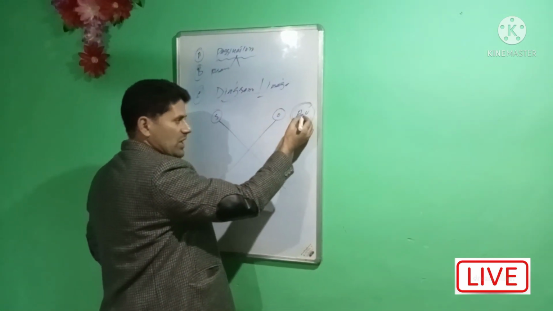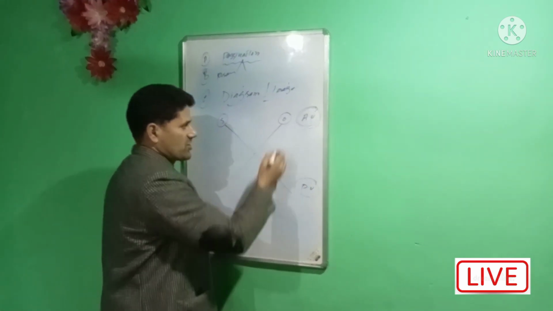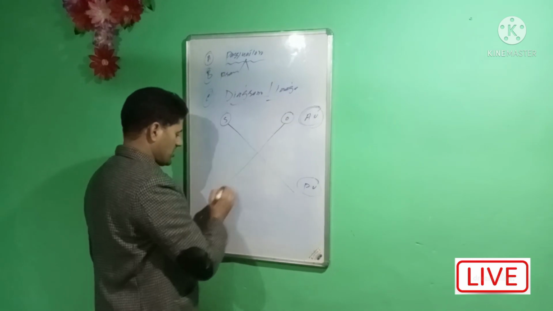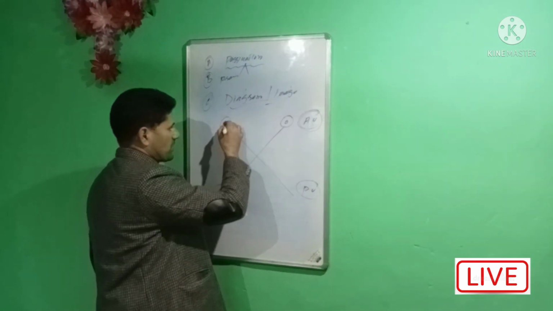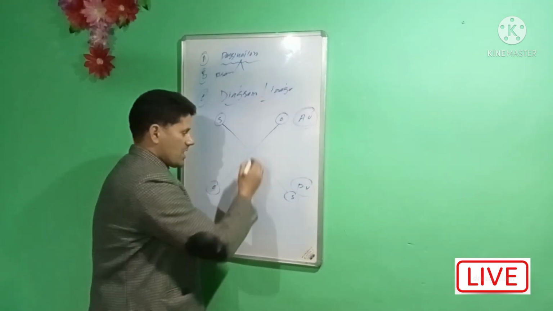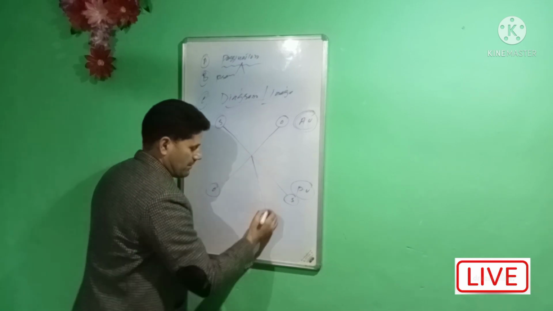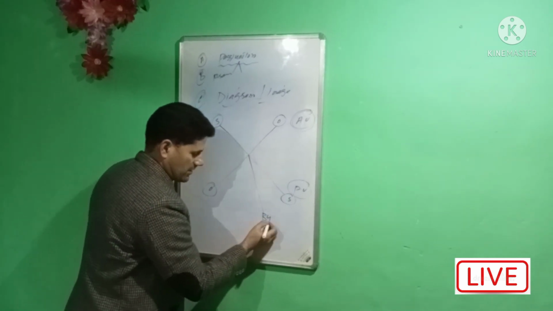But when we have to change this active voice into passive voice, we must bring this object here, and we must bring this subject here, and before the subject we must bring the agent, the preposition by.